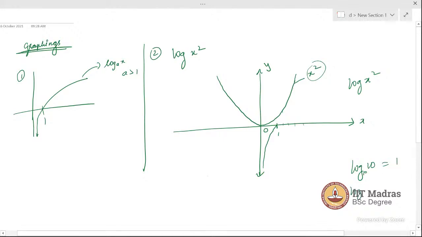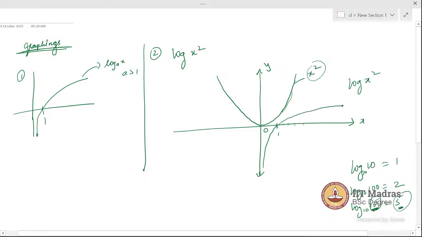Log 100 to the base 10 is 2. Similarly, log of 10 to the power of 5 is going to be 5. So as this value is increasing, this value is also increasing. If this part is increasing, then our log function will also increase. So it will go like this.